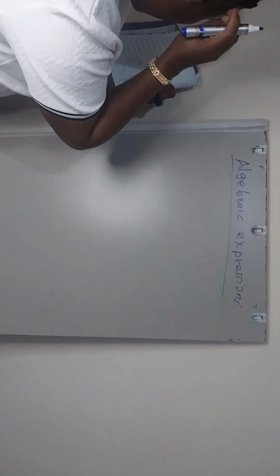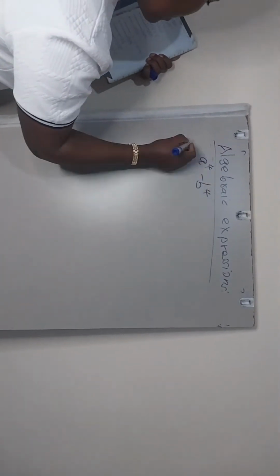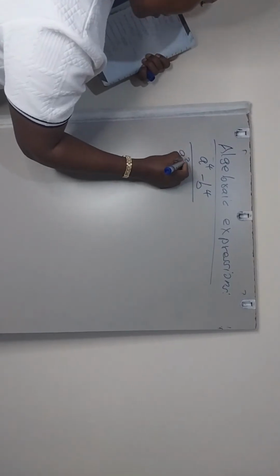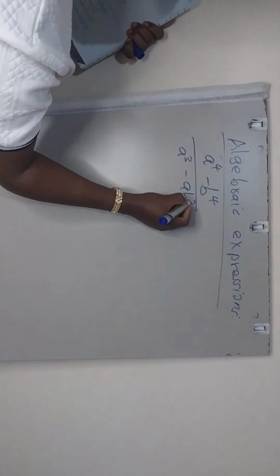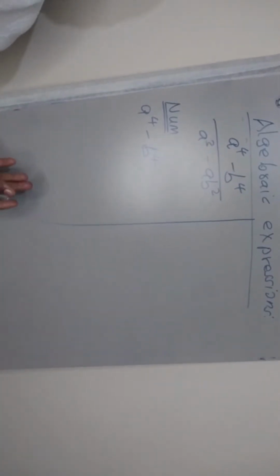So I'll be back. So a to power 4 minus b to power 4, over a cubed minus ab squared. I've said once you find that it has 2 parts, for example, a to power 4 minus b to power 4, are we able to get the square root of 4? Yes. So we'll now be going for a minus b, a plus b, or a plus b, a minus b.